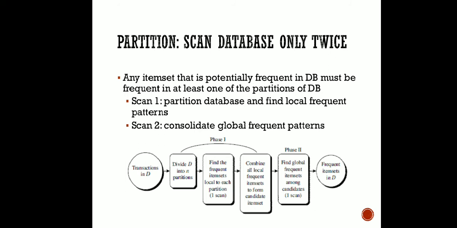So this will enhance it, and in a smaller amount of time, or in a more efficient way, we can perform this scanning part, so that we can come up with the frequent item sets in a smaller amount of time.